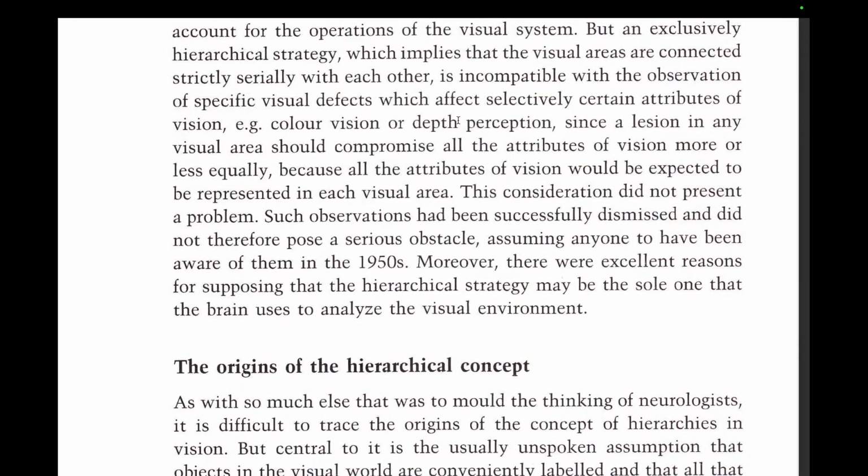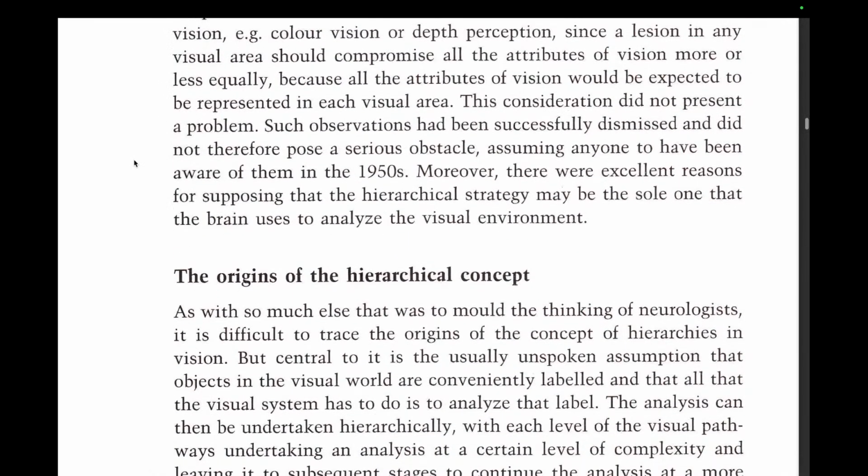But an exclusively hierarchical strategy, which implies the visual areas are connected strictly serially with each other, is incompatible with the observation of specific visual defects which affect selectively certain attributes of vision. Example given: color vision or depth perception.